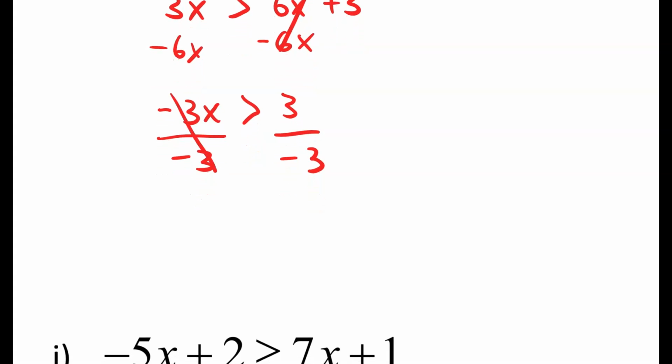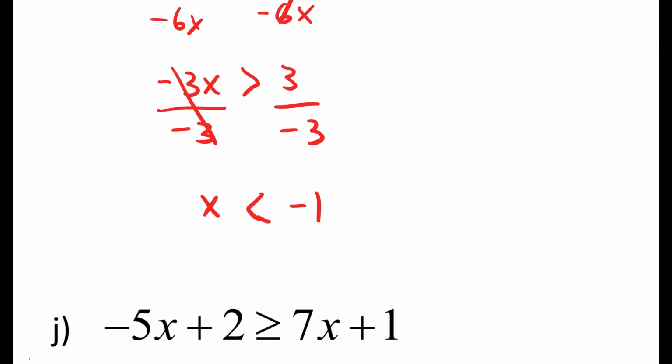When we divide by negative 3, it cancels off on the left hand side, and we have x, and this is going to flip so that it is opening to the right. So x is less than 3 divided by negative 3, which gives us negative 1, because you have only one negative there. So remember that whenever you're multiplying or dividing by a negative number, it is flipping that symbol.